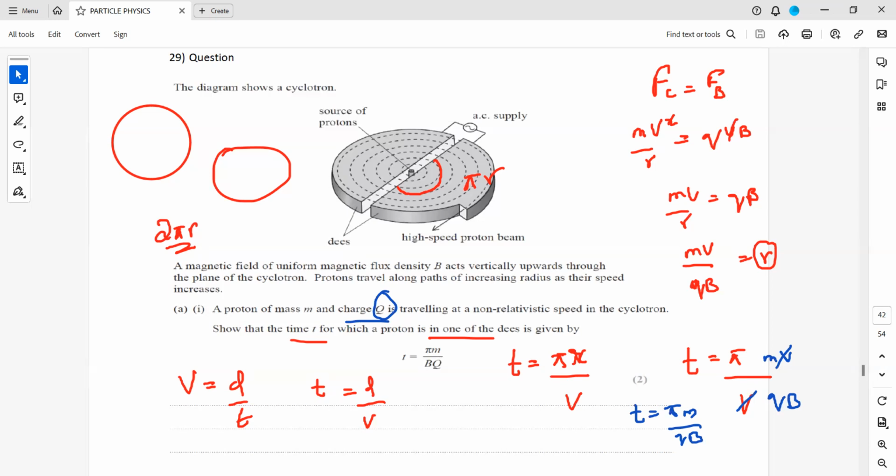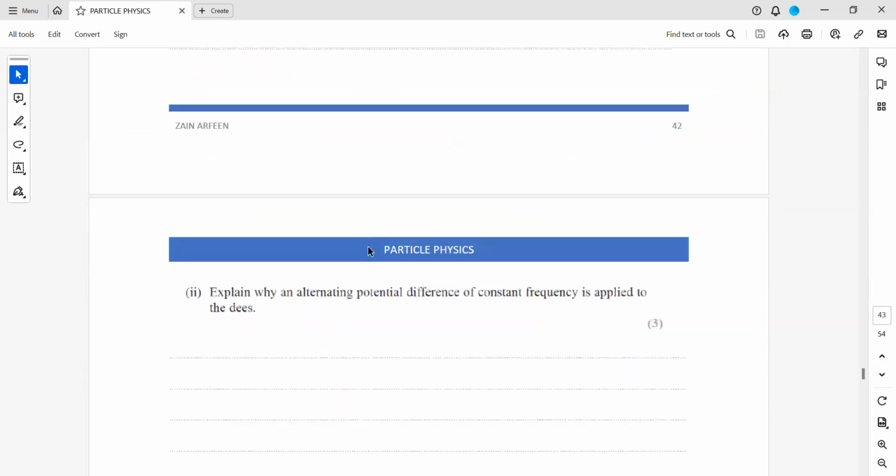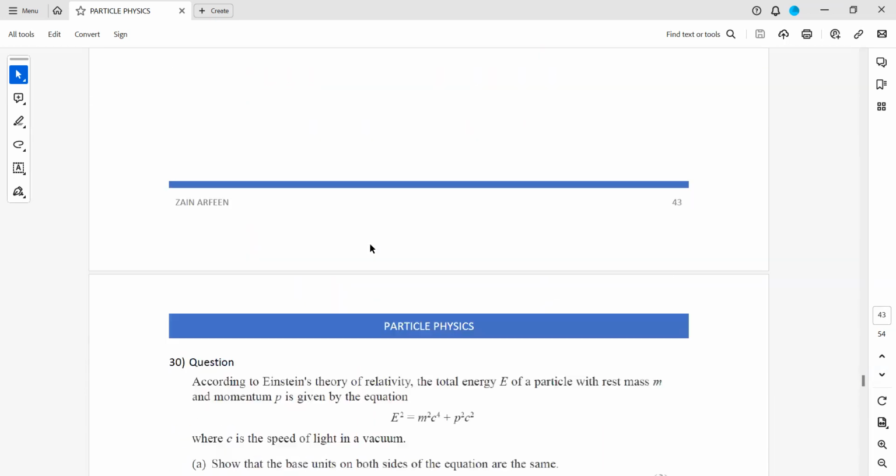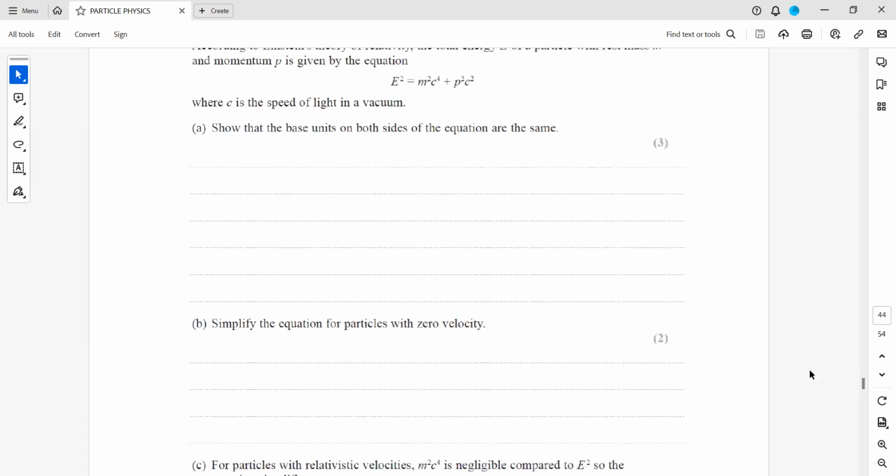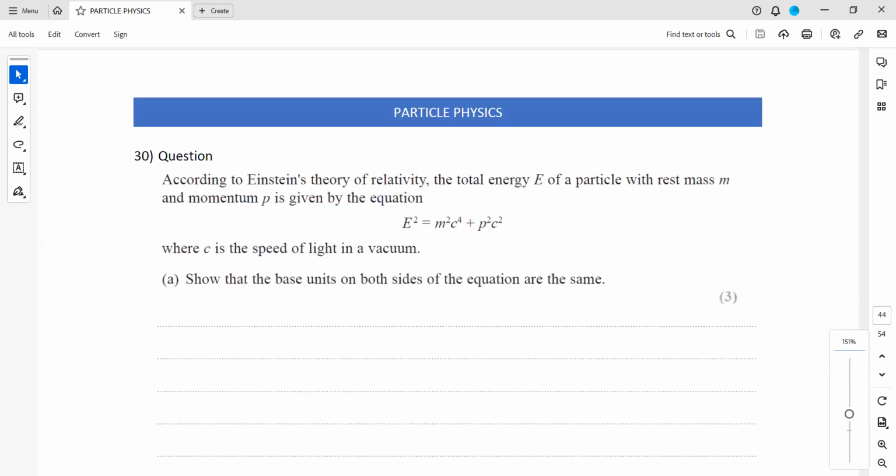Next is page number 44. On this page, the doubt is 30C.